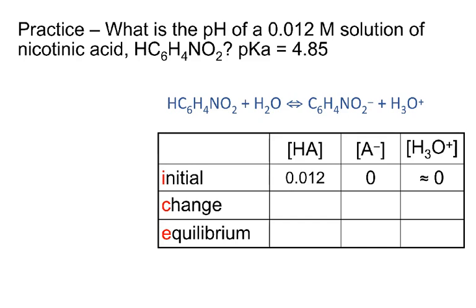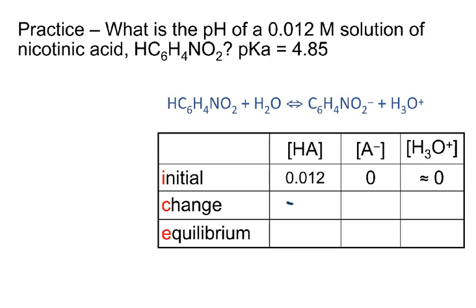So, all right, let's work through another problem. Again, I would recommend here pausing the video, working it through yourself, making sure you can do this kind of problem. What is the pH of a 0.012 molar solution of nicotinic acid, which is HC6H4NO2? The pKa value is 4.85. So you can see I have a partial ice table here.